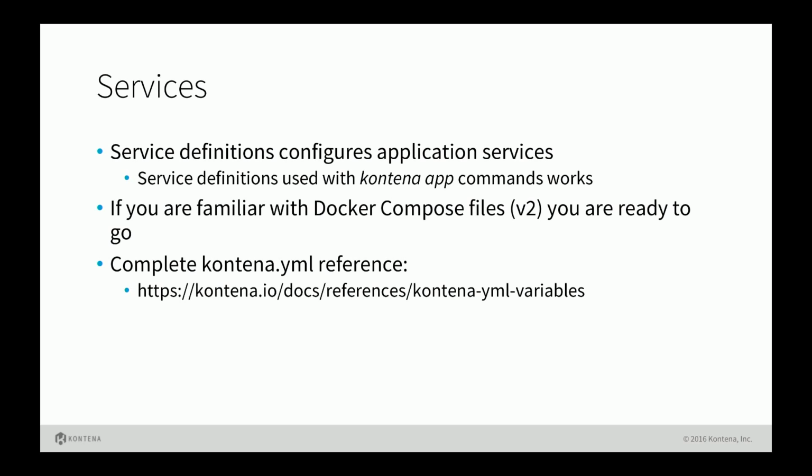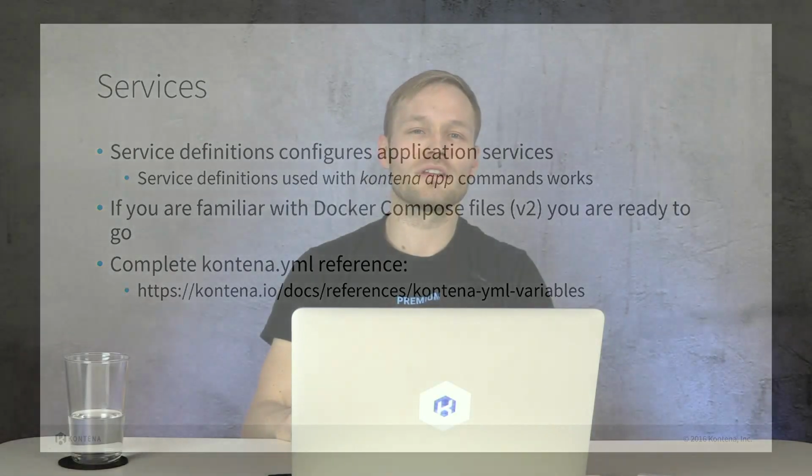If you are familiar with Docker Compose files, then you are ready to go. You can extend those services in stack files. And if you have already deployed your Kontena applications with Kontena app commands, you can use the same service definitions. And you can find the complete YAML reference from our documentation as well.